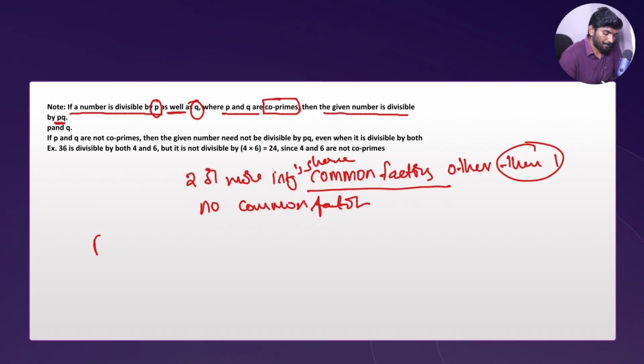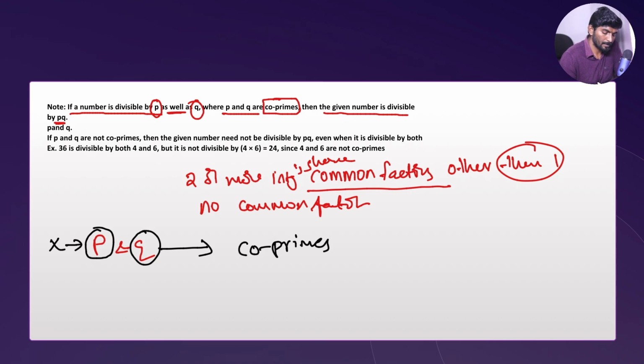Let's say P and Q. If there is a number called X and it is divisible by P and it is divisible by Q and these both are co-primes, then that number is divisible by P into Q.